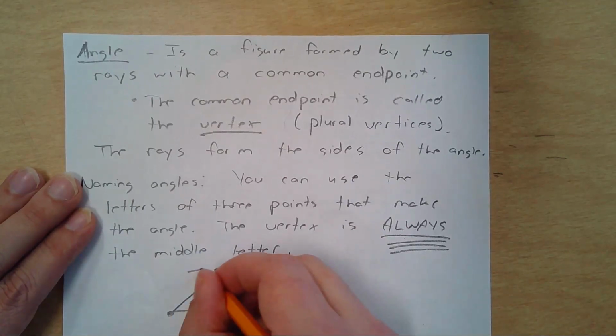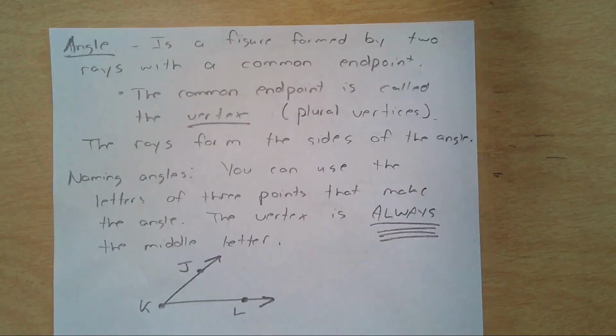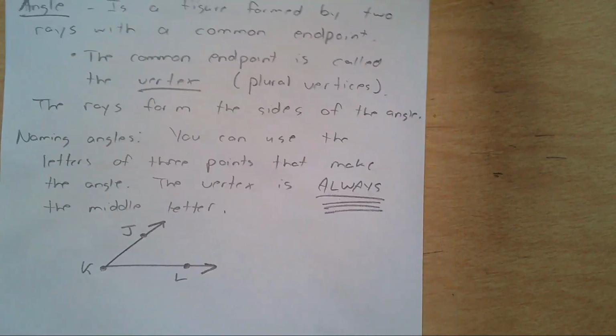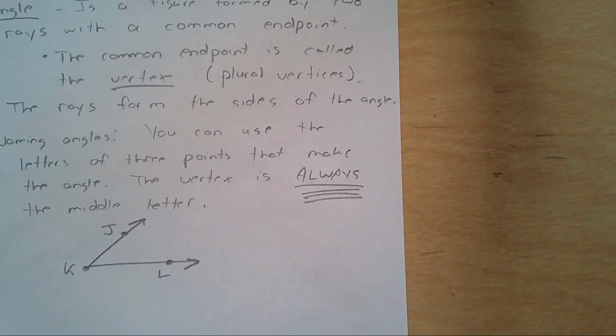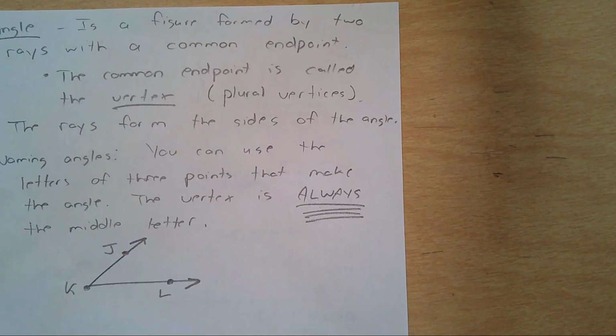I'll just call this J, K, L. And there is a geometric representation for what an angle is. So this meets our definition of an angle. And again, this will get expanded on quite a bit in the next couple of chapters. But for today, this is where we're starting.